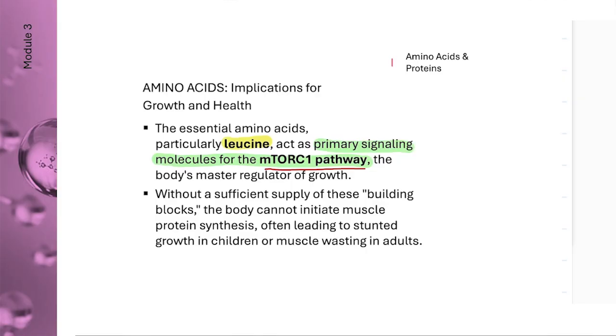So I'm sure you've heard about the phenomenon of stunting, child stunting, where children have low height for their ages.